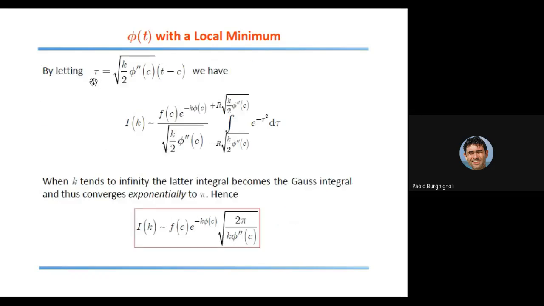Then we change variables, of course. So we obtain a simple Gaussian integral, e to the minus tau squared, where tau is defined like in this equation. And of course, if you do the change of variables from the differential, you will find out that a factor comes out of the integral, and so you have this denominator here.